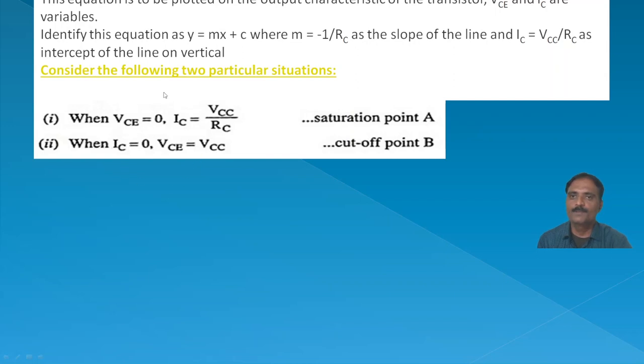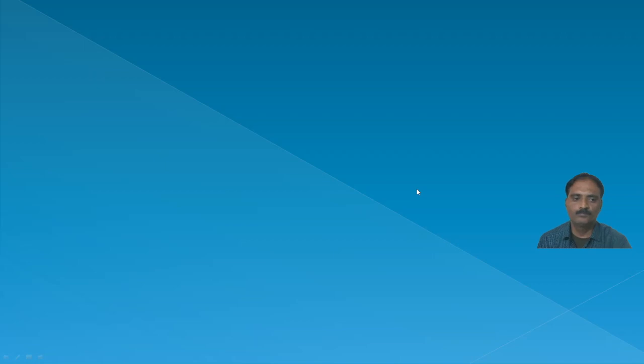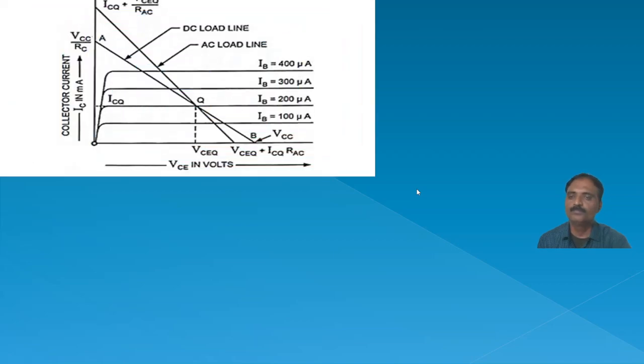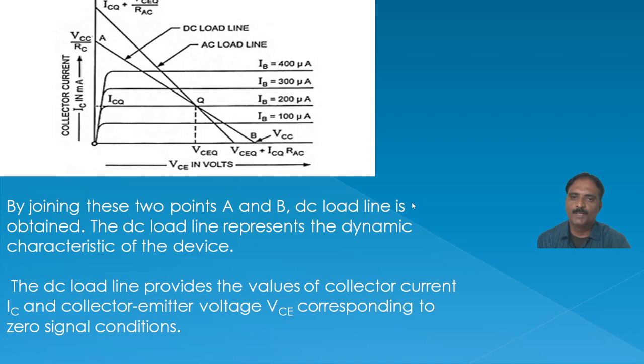So this is how we are going to get the operating point Q, and by joining these two points A and B, we get the DC load line. Generally, the values of collector current IC and collector emitter voltage VCE correspond to the zero signal conditions, meaning when we don't give the signal.